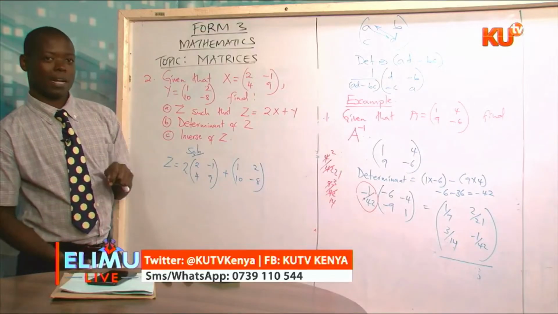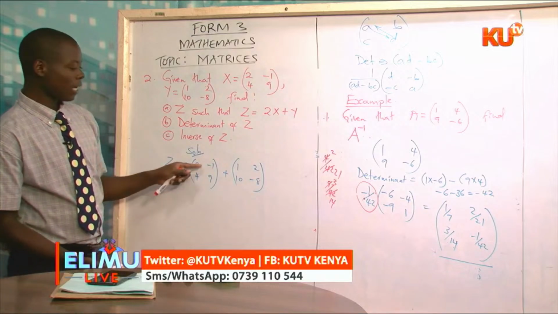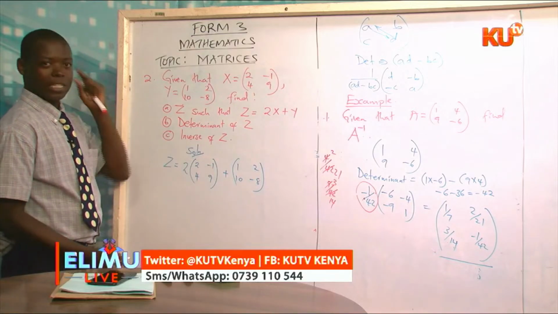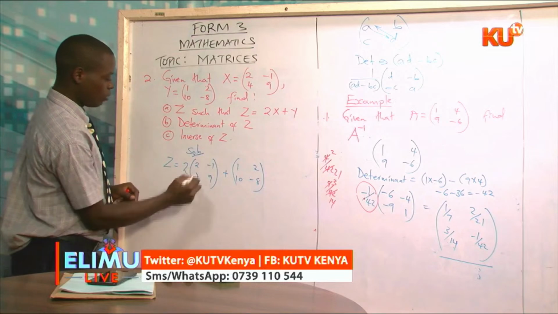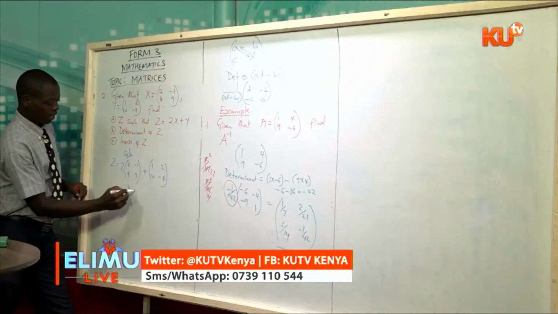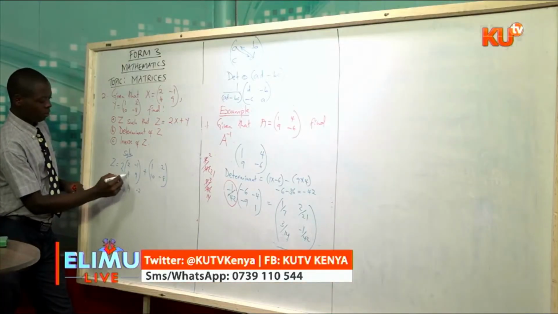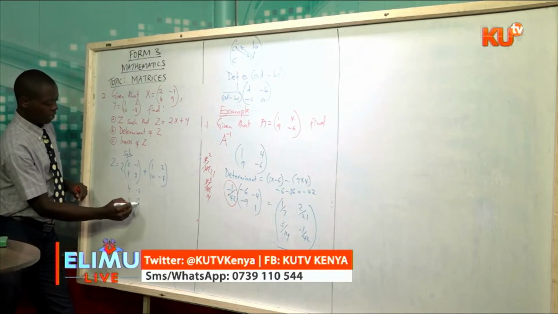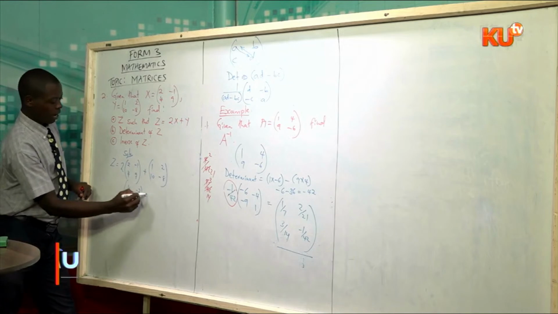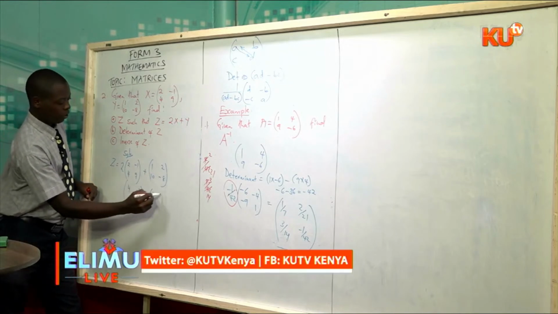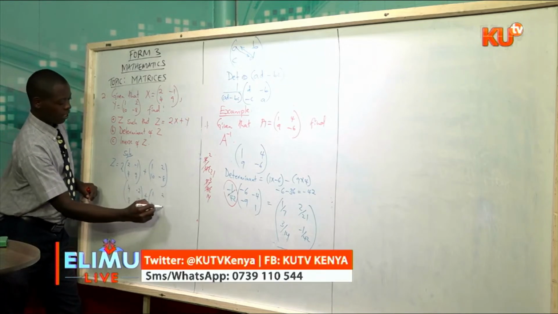Now we expand. Multiply what is outside the bracket by every element in the bracket. And so that will be 2 by 2 is 4. 2 by negative 1 is negative 2. 2 by 4 is 8. 2 by 9 is 18. Then we add 1, 2, 10, and negative 8.